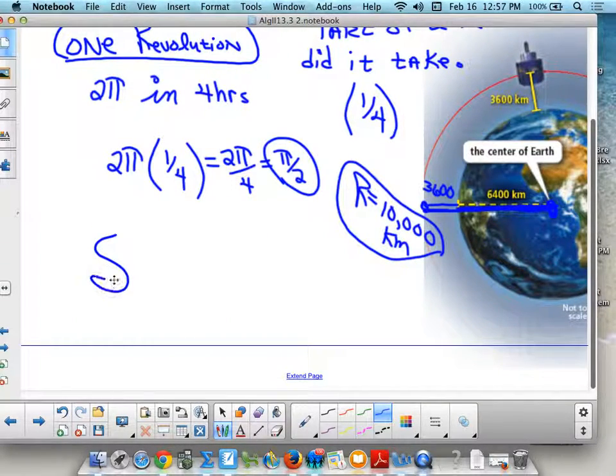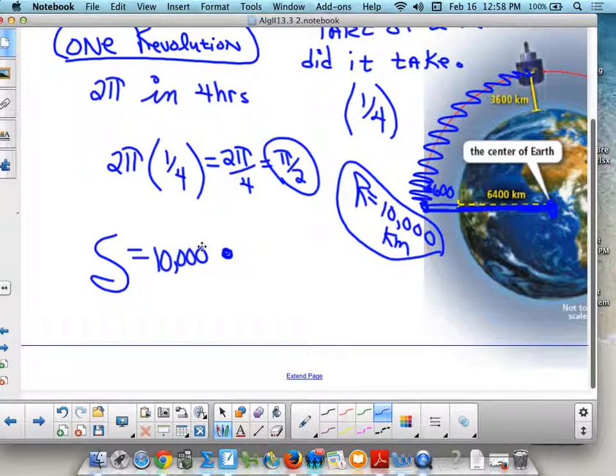Okay, what's the arc length, which is what the satellite traveled? Wouldn't that be from here to here? So you take R, your radius, times what? What was the central angle? We said it's pi over 2, didn't we?